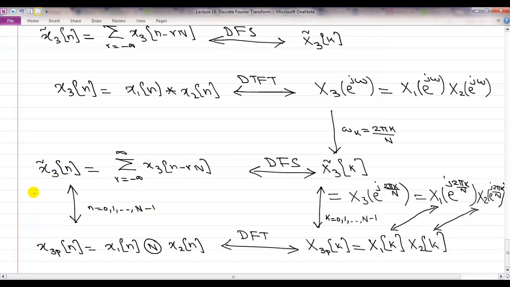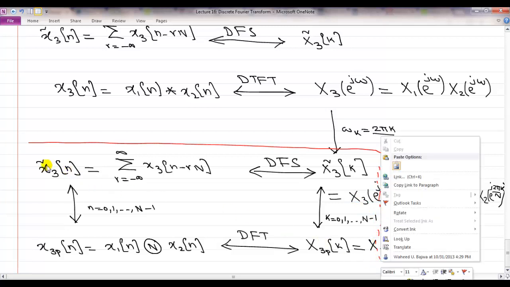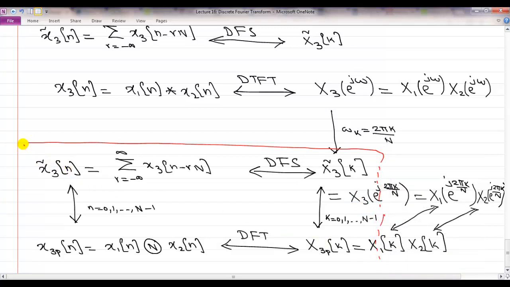Okay. This is just the old diagram that I had drawn. Up to this point, this part of the whole block diagram is something that we have discussed many times. This is just the relationship between the discrete Fourier series and the discrete Fourier transform.